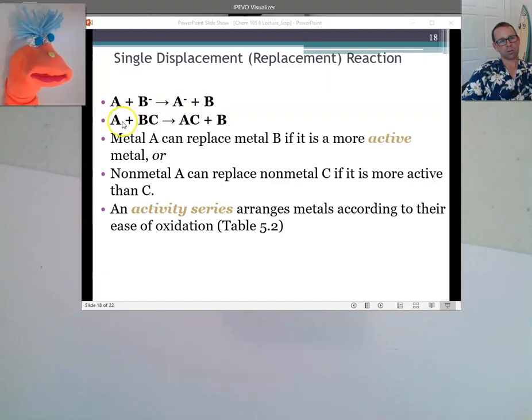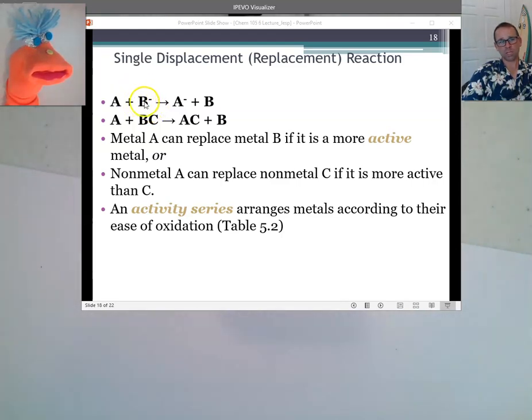And this can happen also with a counter ion involved, where A, no charge, and B is in an ionic compound, and now A becomes part of that same ionic compound with B not having a charge. This happens because element A has a stronger affinity for that electron than element B. So element A steals the electron from element B. We call that the degree of activity.